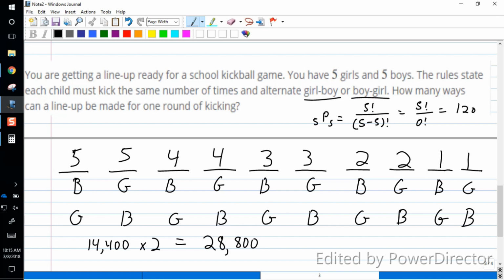That's what I was trying to figure out. I was thinking we had 10 factorial items, and then we had 5 of one and 5 of the other, but that doesn't take into account that you have to alternate. This is really what makes the problem a lot different from anything that we've done, is that you have to alternate between girl and boy or boy and girl. If you didn't have to alternate, then we could figure it out.